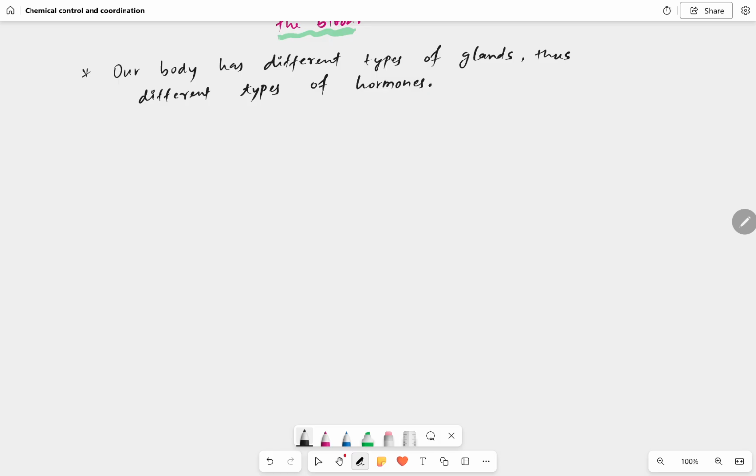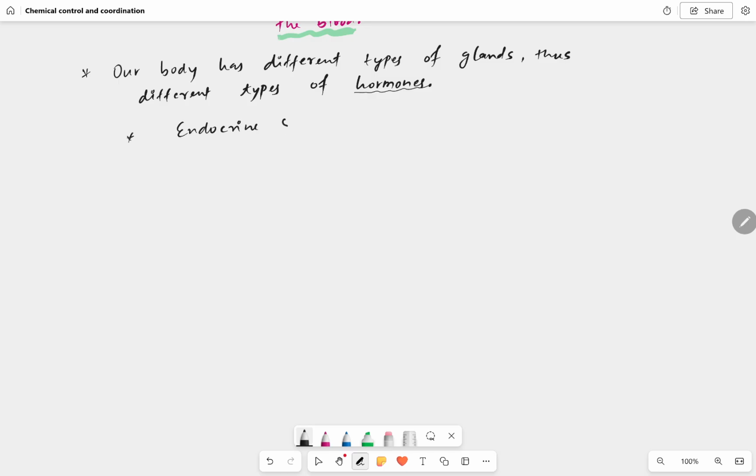These glands are located distantly, and they secrete their own chemicals. Thus different types of hormones are secreted in our body, and all these endocrine glands constitute the endocrine system.